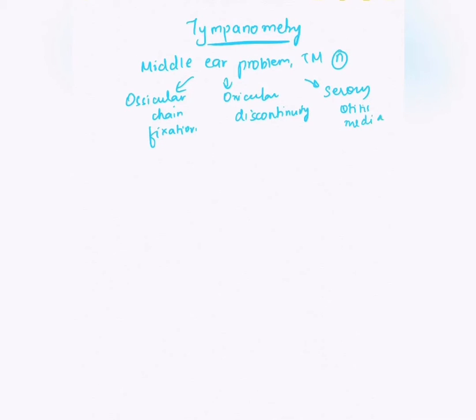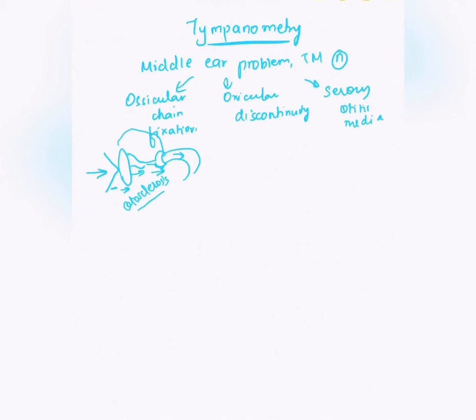Okay, so basically what happens is you have this tympanic membrane here, then there is the malleus, incus, and finally the stapes. Okay, so when the sound comes, the tympanic membrane vibrates, then the sound is transmitted to the malleus, then the incus, and finally the stapes, after which the fluid inside the scala vestibuli moves. Fine. So if there is some disease like otosclerosis which causes the fixation of this ossicular chain, then the sound transmission would not be proper.